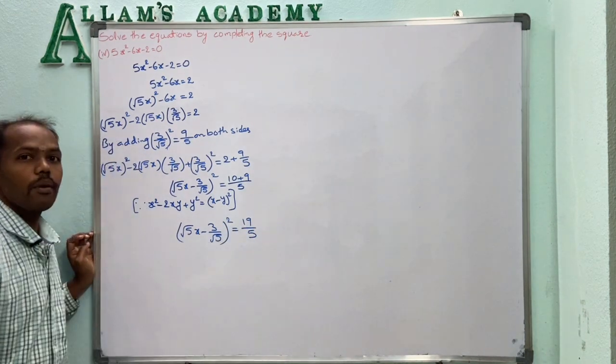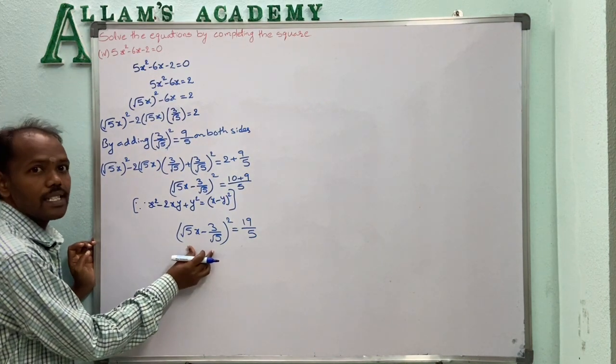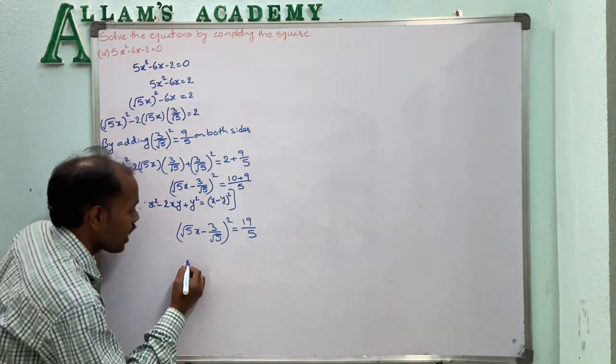Now take the square root on both sides, and this perfect square becomes a normal number.